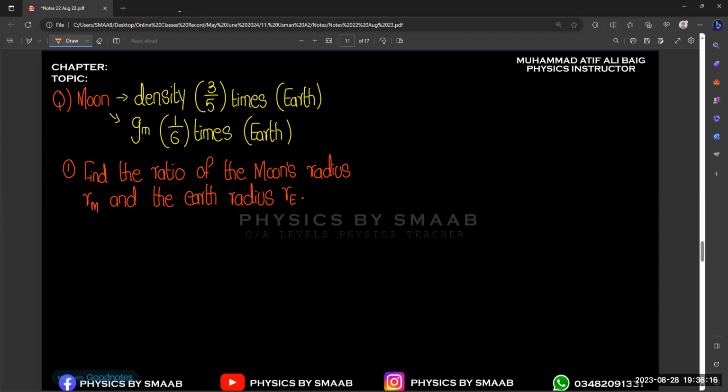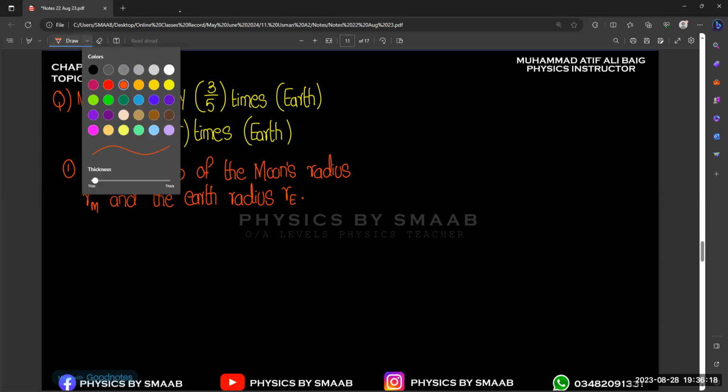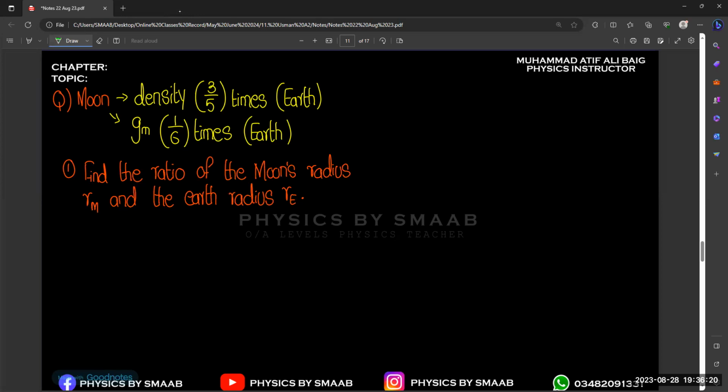So basically, if we start from the first hint that they mention in the question related to the density, we know that the density on the moon, let's suppose this is our step number 1, will be equal to 3 over 5 times the density of the earth, right?